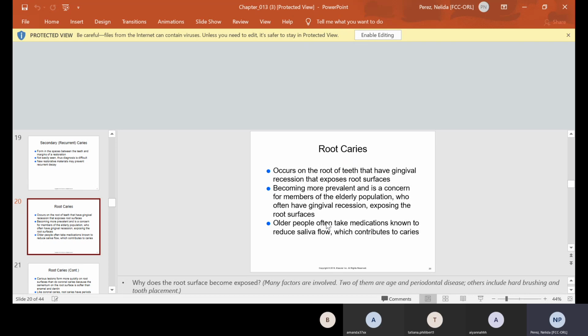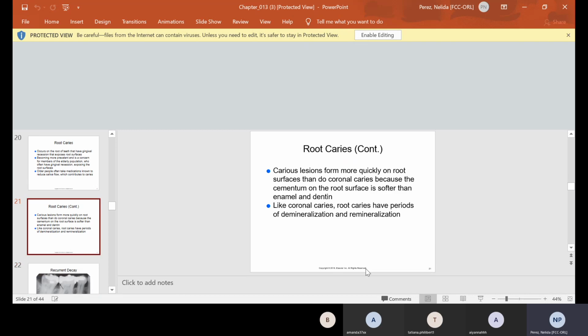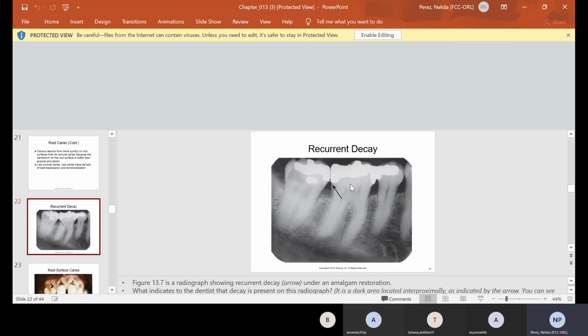Older people often take medications known to reduce saliva flow, which contributes to caries. So anybody that says they might have dry mouth, that may be a cause of it. Carious lesions form more quickly on root surfaces than coronal caries because the cementum on the root surface is softer than enamel and dentin. Like coronal caries, root caries have periods of demineralization and remineralization.